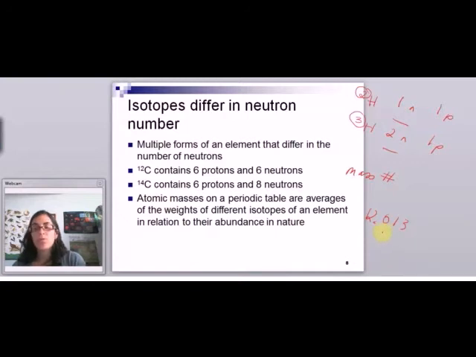And so, the main thing that's interesting about this is whatever number it's closest to tells you that it's the most common isotope. So the amount on the periodic table is 12.013. That's telling you that carbon-12 is the most common carbon on Earth. Carbon-14 is making this number be a little bit higher than 12, but there's so little of it that it doesn't actually contribute that much to the weighted average for carbon on Earth.